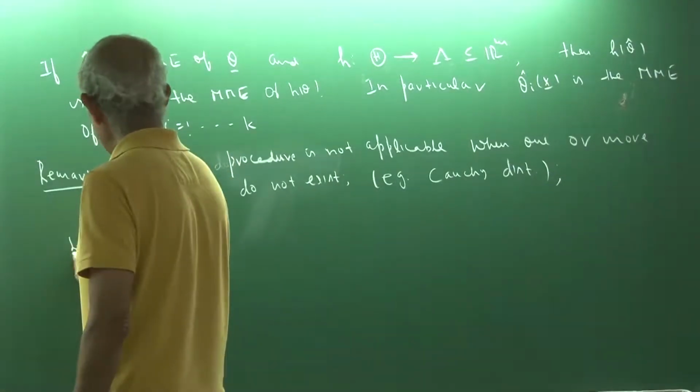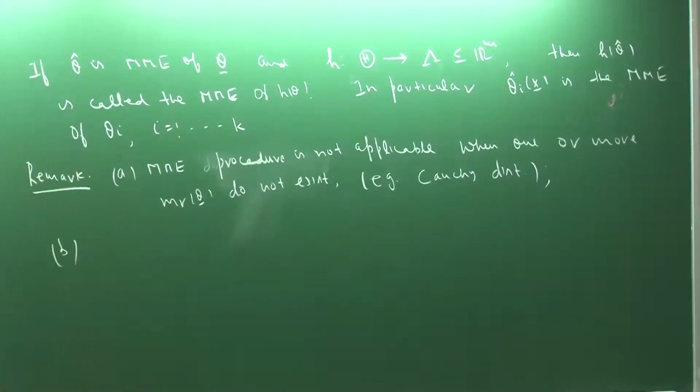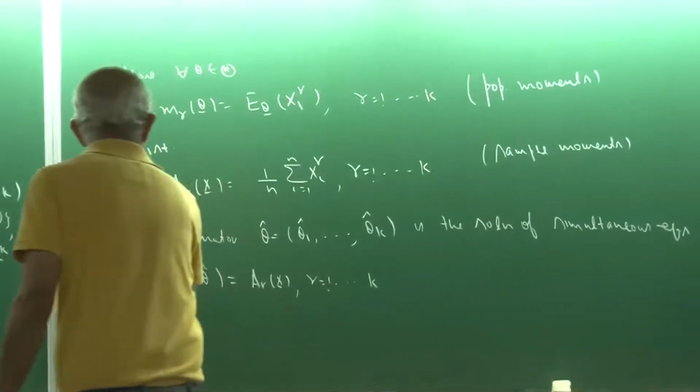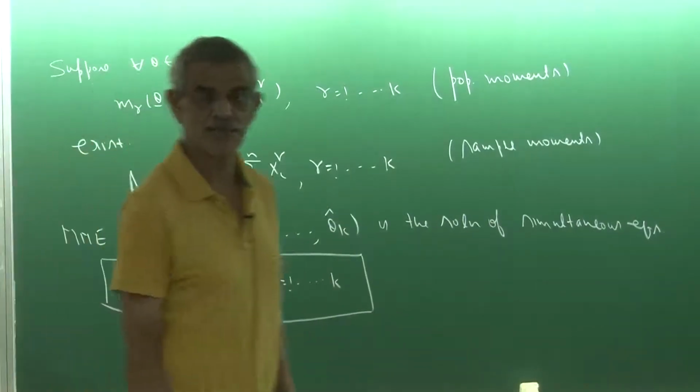Now there is a possibility that even if the moments exist, the simultaneous equations which you are putting over here do not have a solution, or do not have a unique solution.